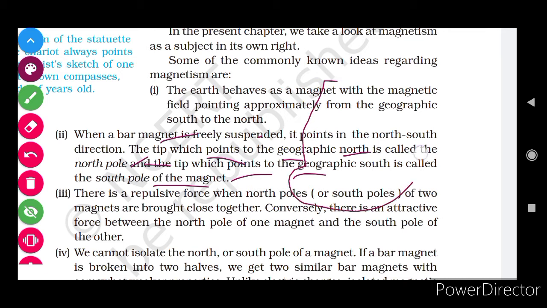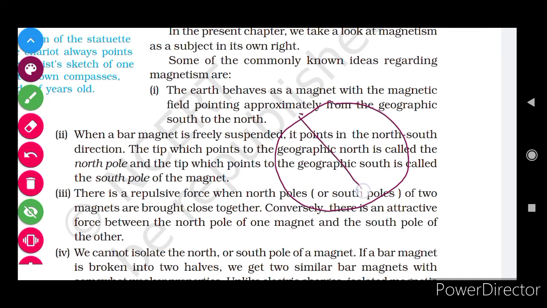I'll just give you an example. This is geographical north, and the magnet will always point in this direction, so we'll name this the north of the magnet and this the south of the magnet. This is geographical north and this is geographical south.